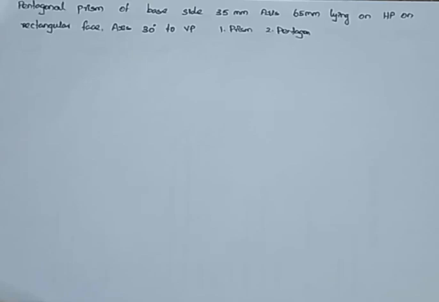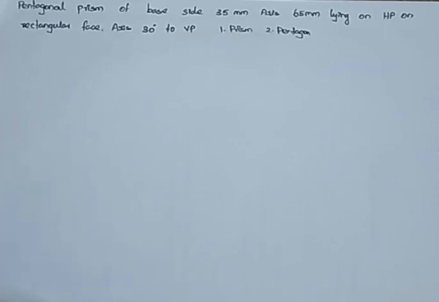So how the pentagon will be placed? That is the resting condition. So resting condition given here is it is lying on HP on its rectangular face. So once it is lying on HP on its rectangular face, then there will not be any gap between that rectangular face and the XY plane.